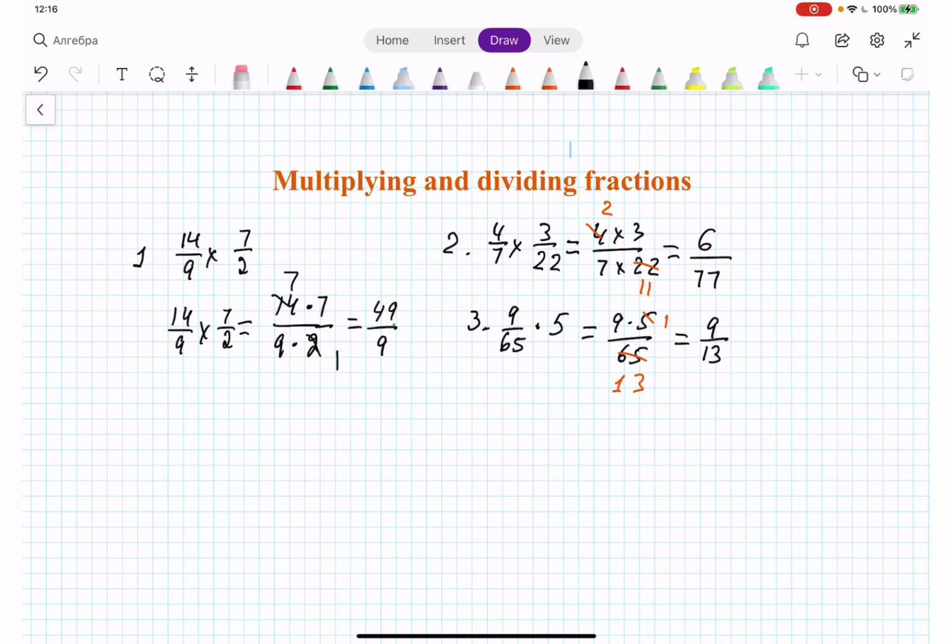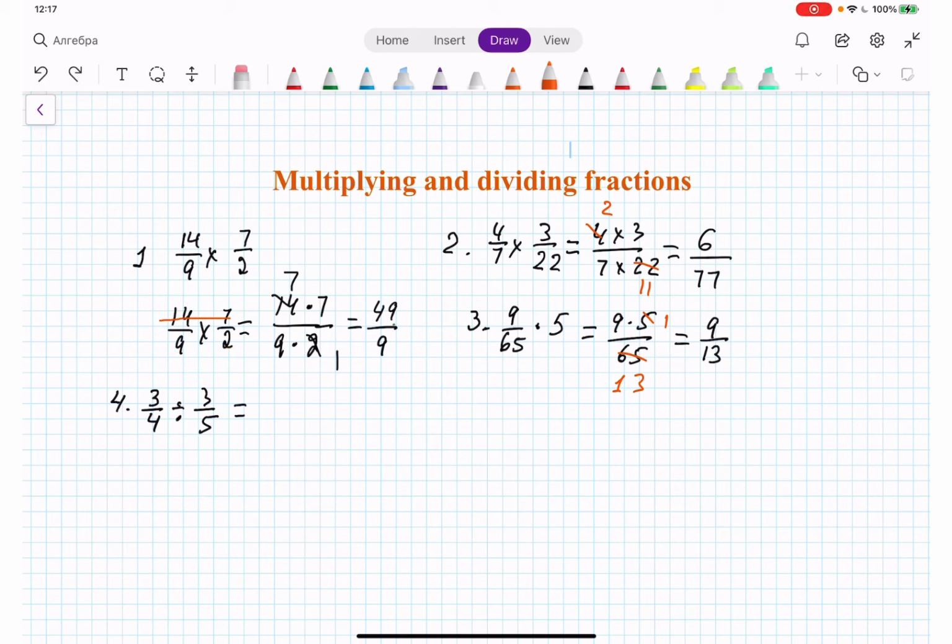We have 3 over 4 divided by 3 over 5. Okay, when we do division, let me show the difference. So one way to look at multiplication and division: when we multiply, we multiply numerator with numerator, denominator with denominator.